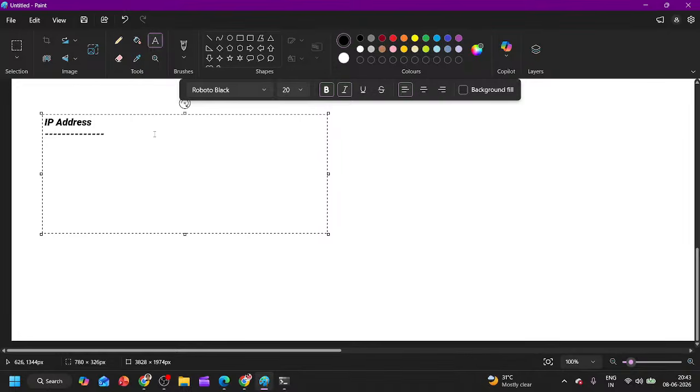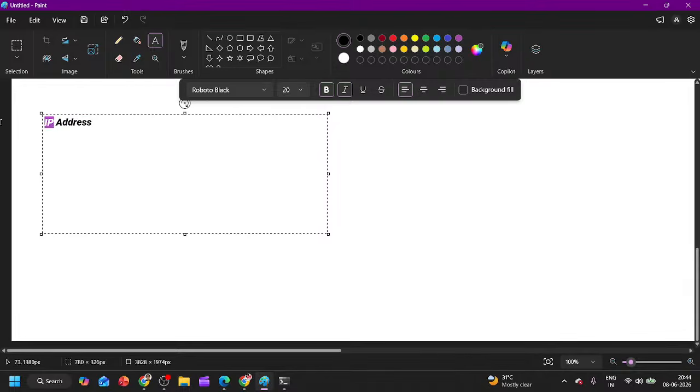Length of IPv4 addresses. See, when I'm saying IP only, IP means IPv4. On devices, you are not going to run the command IP version 4 or IP version 6. When you only type IP, the device will automatically understand you are talking about IP version 4. So here also I am talking about IP version 4.